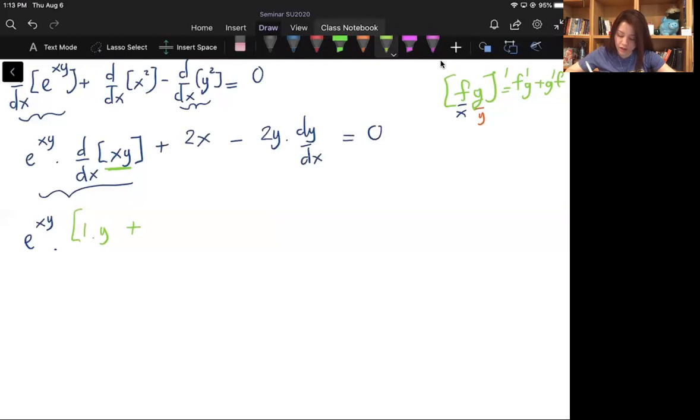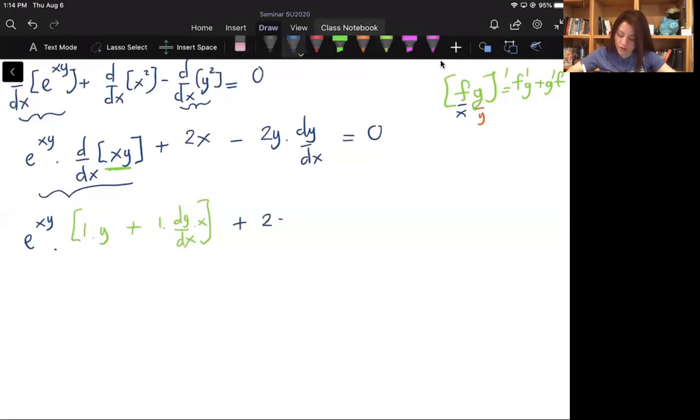Plus g prime, which is the derivative with respect to x of y, which is dy/dx, times f, which is x.